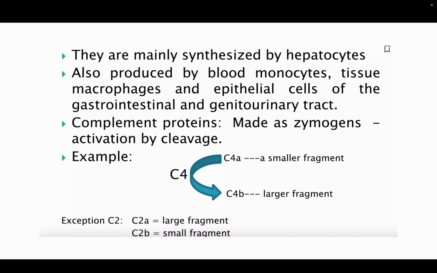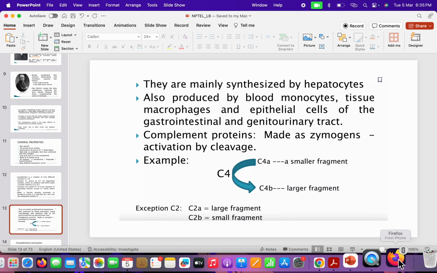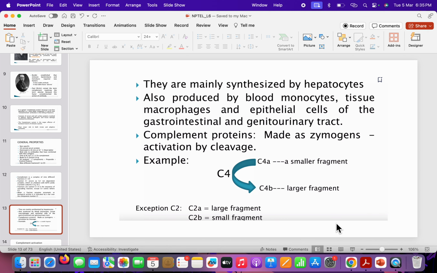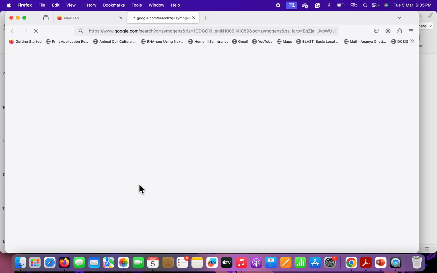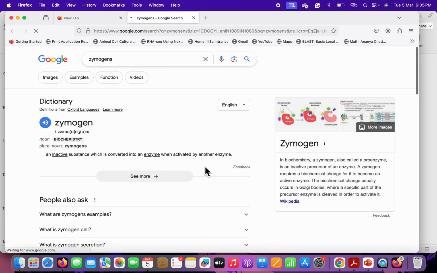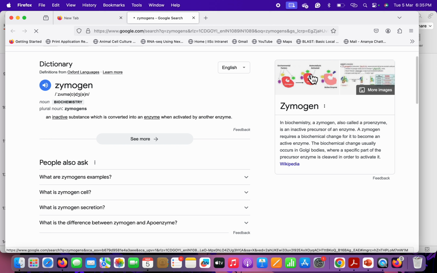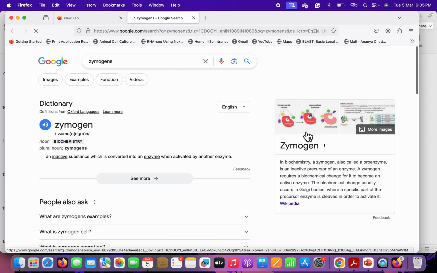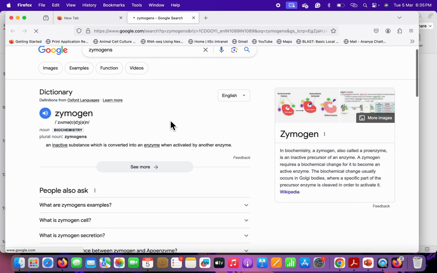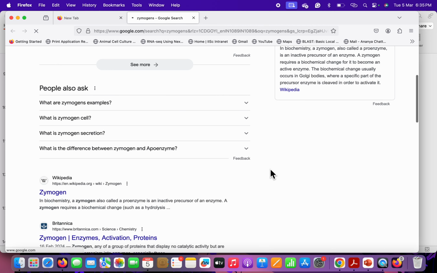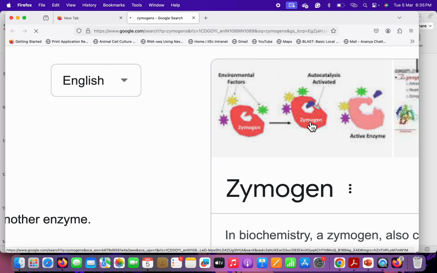If you search on Google, I will share the screen. Wait, my internet is poor today. If you just Google zymogens, you can find one image. Internet is super slow today.